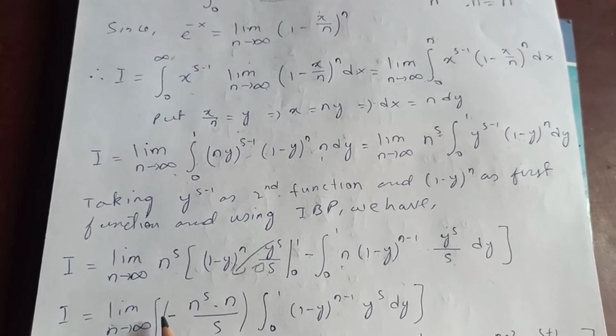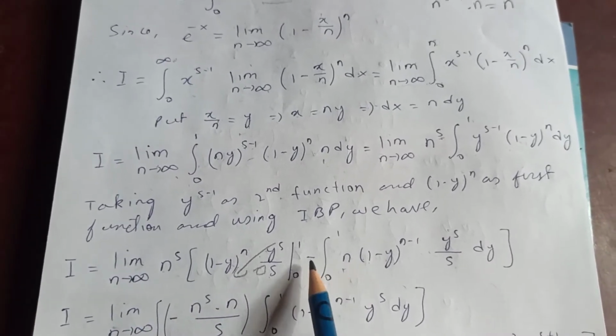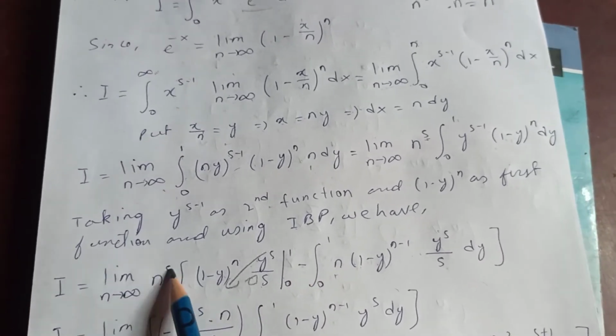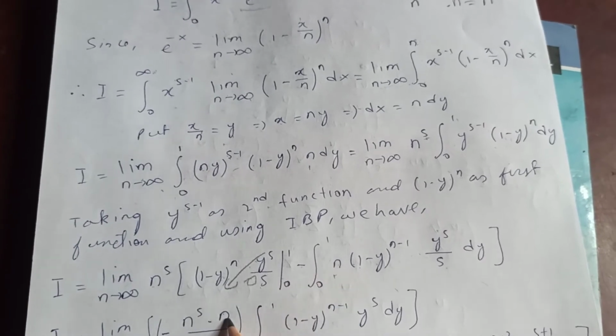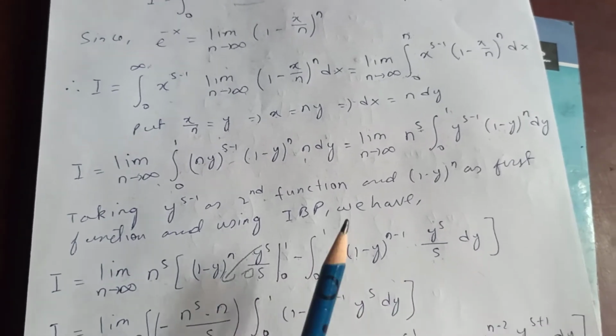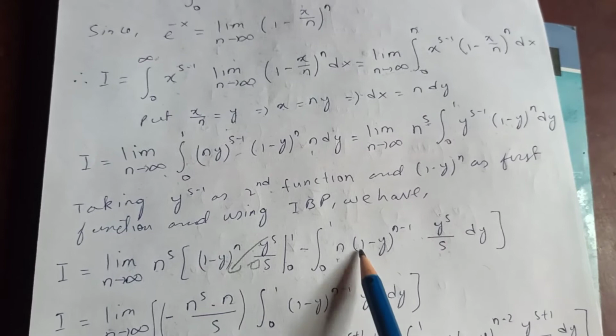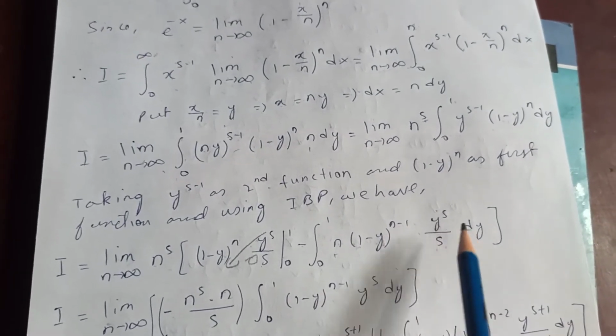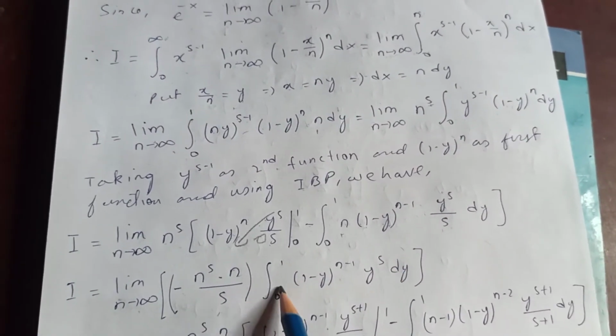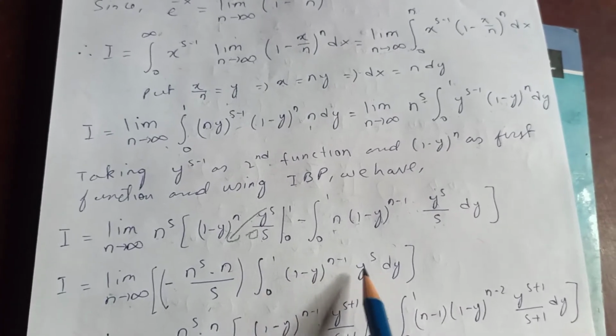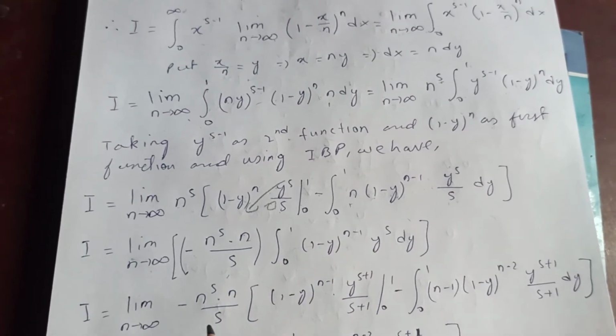It will be limit n tends to infinity, with a negative here, so negative n to the s into this n here, upon s, and we are left with the integral from 0 to 1 of 1 minus y to the n minus 1 times y to the s dy. Similarly, take this as the first function and this as the second function, and use integration by parts.